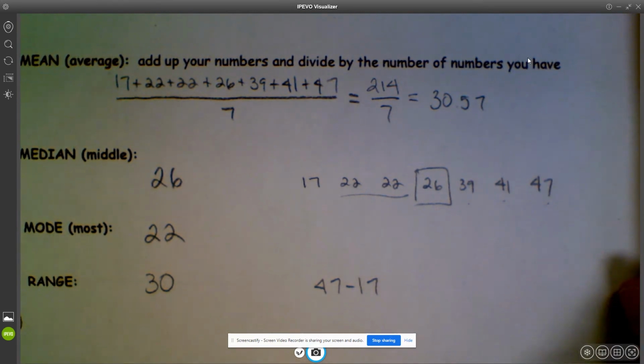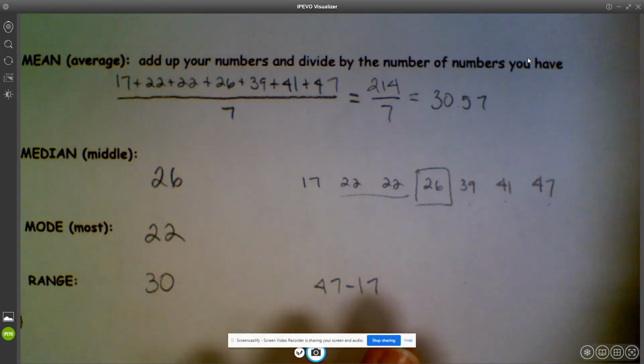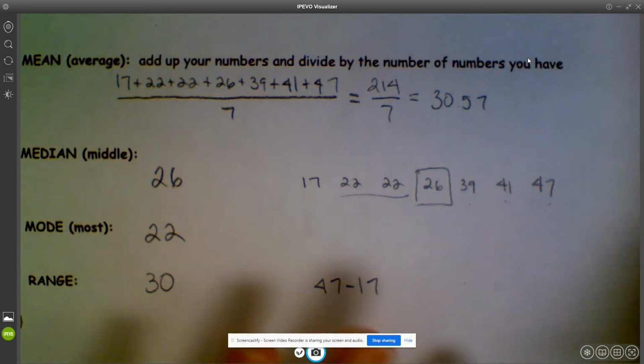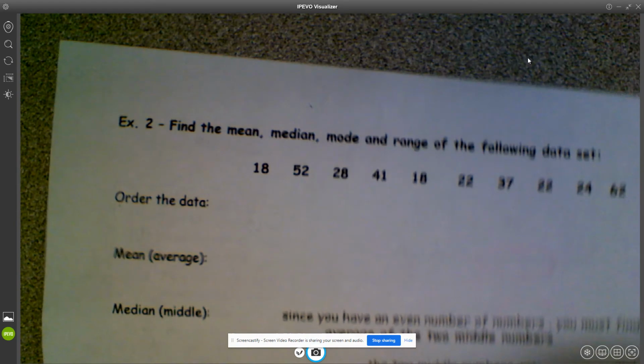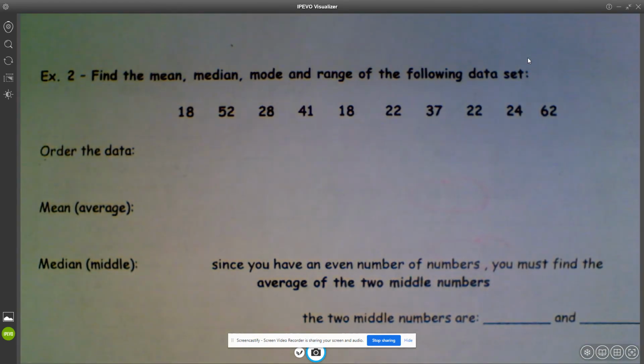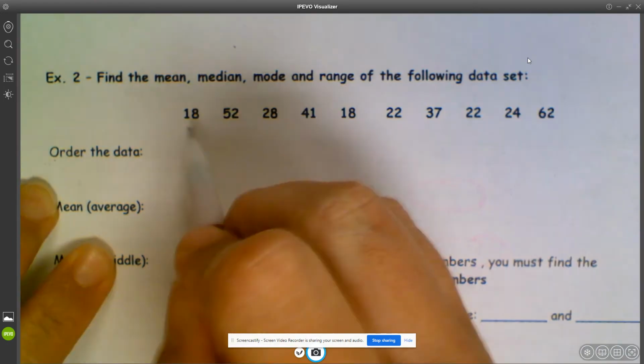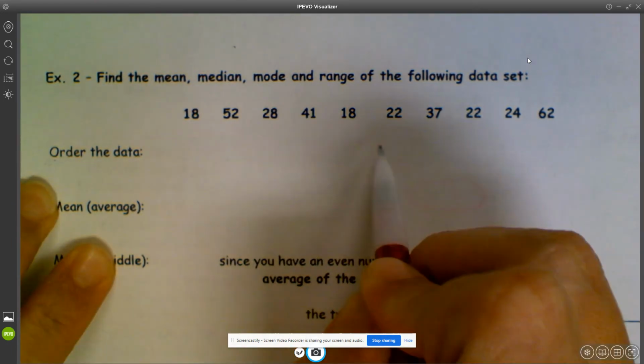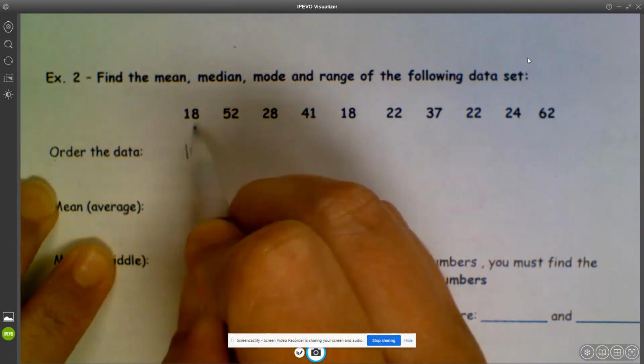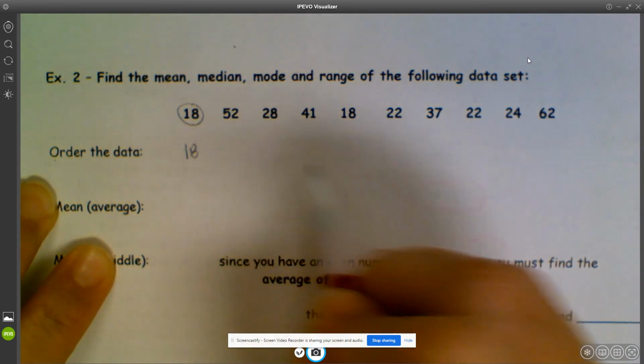And I'm going to go over one more example with you just to make sure we hammer down the median, okay? So I've got another set of numbers here, and I'm going to order the data. The nice thing is it's all right below, so I can line it up neatly. What's next?